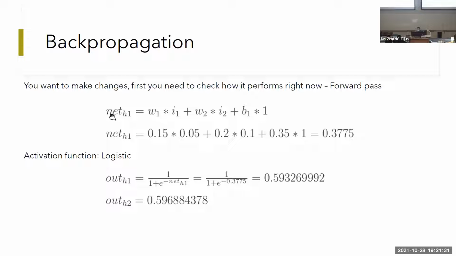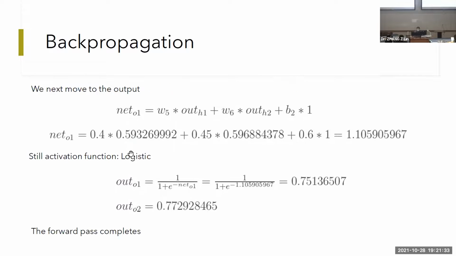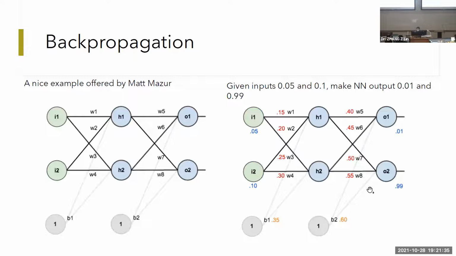All right, so then we have the initialization of all the conditions, okay. Based on the initialized weights and bias, the first thing is feeding in the values of x's, I1 and I2, input 1 and input 2.